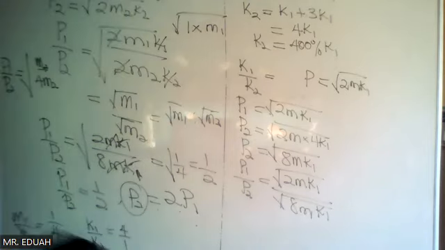Are we through? Hello, are we through? So this time, we are told that the momentum is increased by 50%. So if P1 is P, then P2.